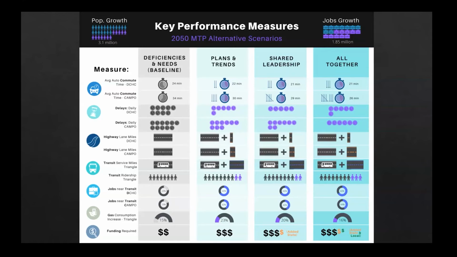And then the funding at the very bottom line, the plans and trends, we're assuming that the way we receive and the way the transportation funding is distributed today continues going on. So we got $3 signs there. The next one, shared leadership, we got those same $3 signs, but we're adding some state funding.